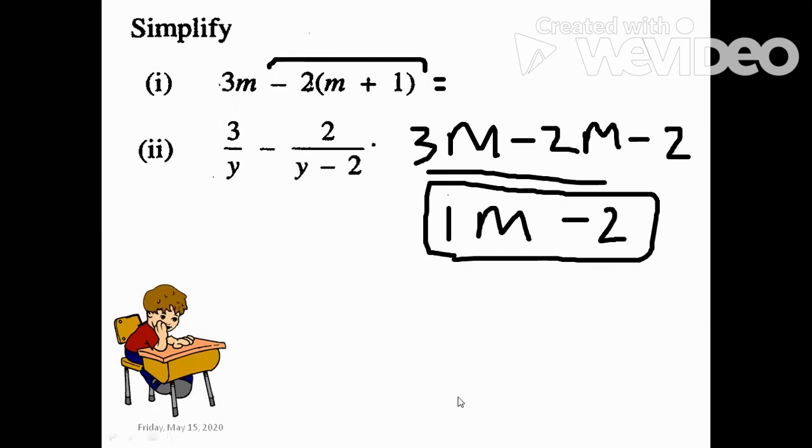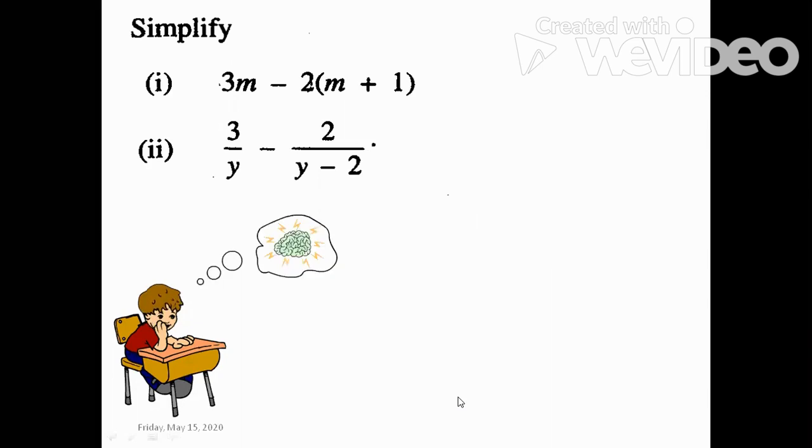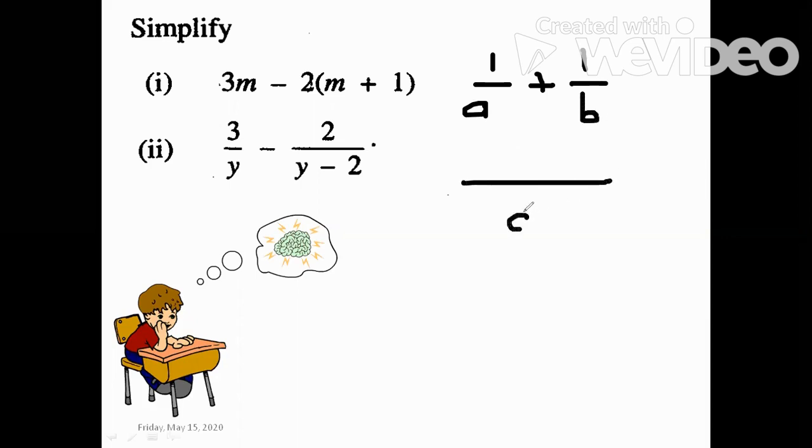Alright, let's look at part 2. Now part 2, just to simplify, is an algebraic fraction, but it has a unique denominator. Before we proceed, let me just refresh your memory. What if we have something like 1 over a plus 1 over b? The LCM would be what? AB.